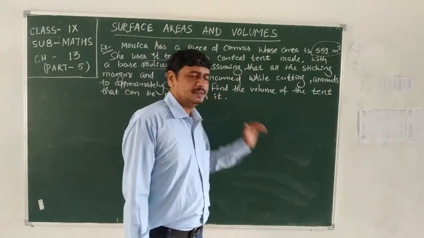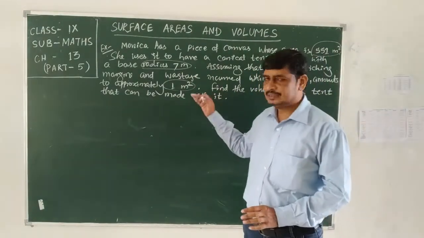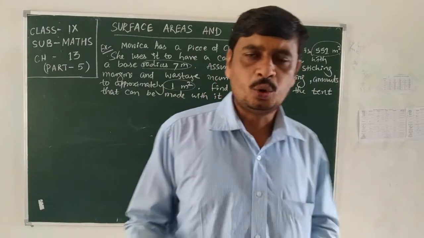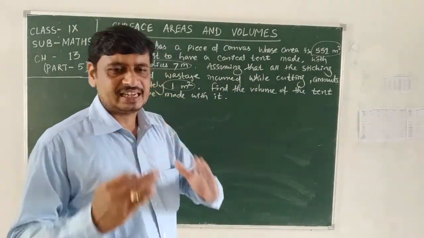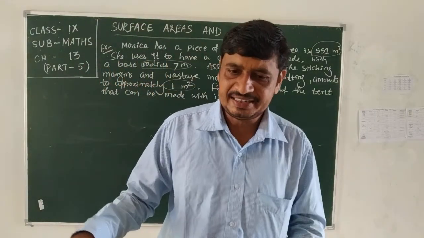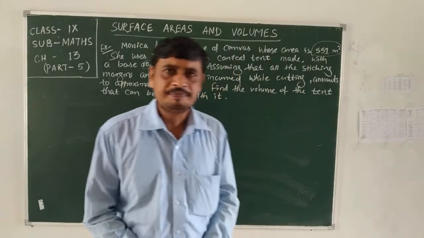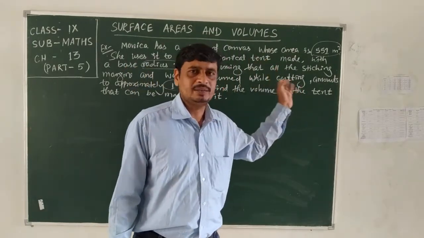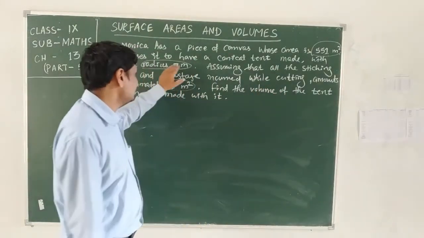From this 550 meters square, the canvas is made, and this becomes the surface area of the cone, but the base of the cone is not involved. Since it is canvas, the floor of the tent is not covered by the canvas. That's why we will consider only the curved surface area of the cone. That 550 meters square becomes the curved surface area of the cone, whose base radius is 7 meters.